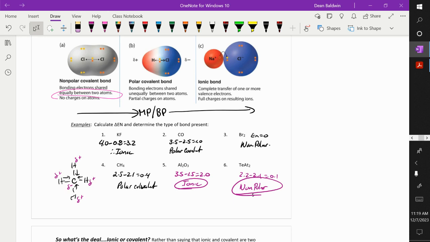So we're not going to worry about that. Aluminum and oxygen, just find the difference. It's 2.0, so we call it ionic, which makes sense in the old school way because it would be a metal and a non-metal. And beryllium and At, the difference is 0.1, so it's non-polar. It's two non-metals, sorry.